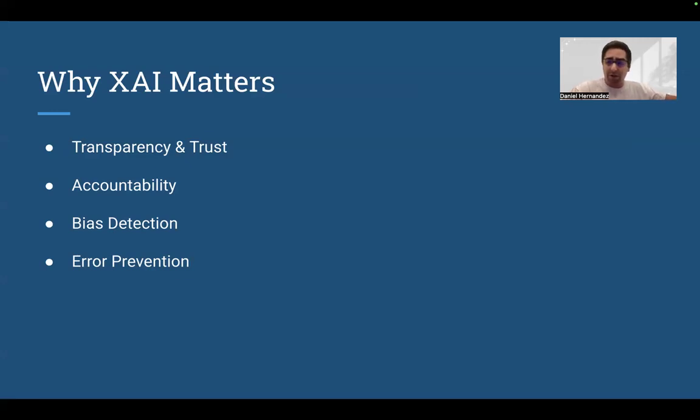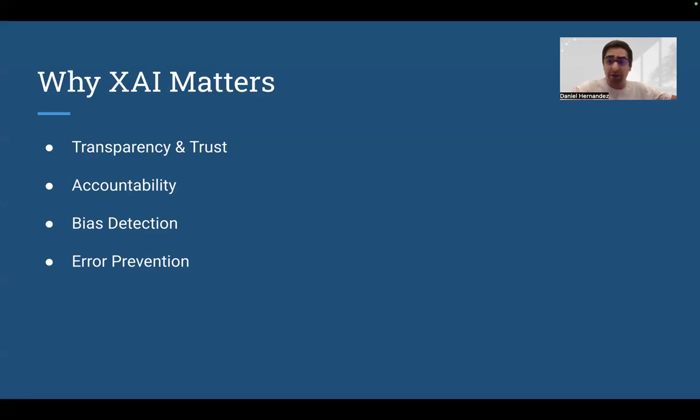XAI helps us solve this problem by making AI systems more transparent, accountable, and trustworthy. When we can understand why an AI made a specific decision, we can make sure it's fair, unbiased, and logically sound.